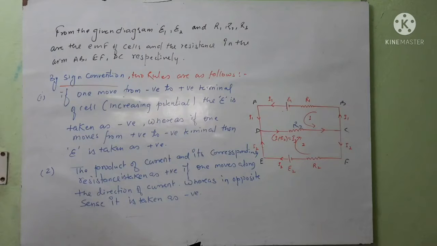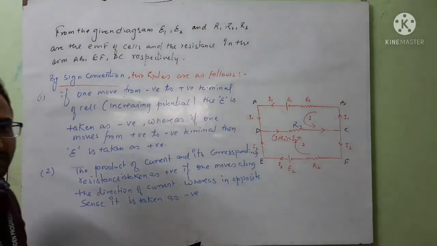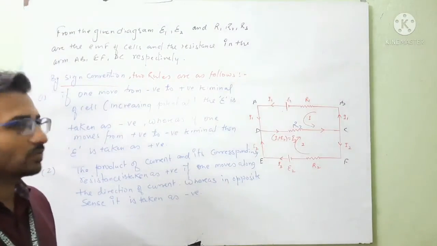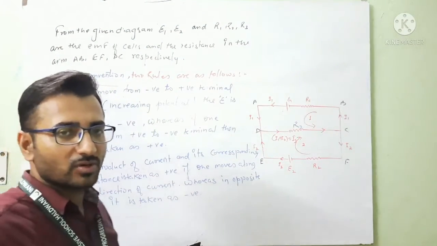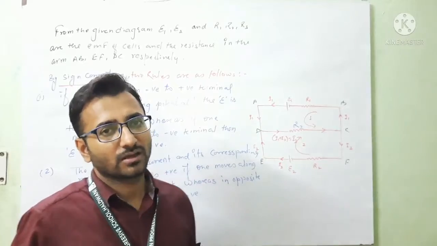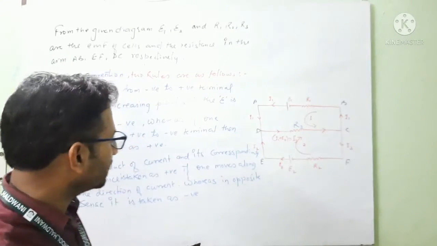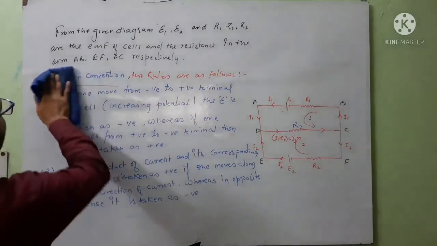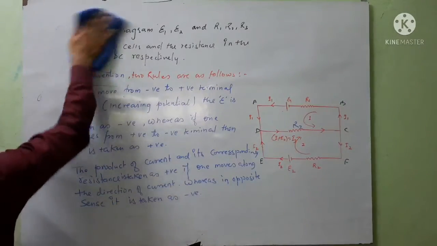So after these two laws we will solve the question, and we will give the relation by which we will obtain that the algebraic sum of total EMF is equal to the algebraic sum of the products of current and their corresponding resistance. Got it?